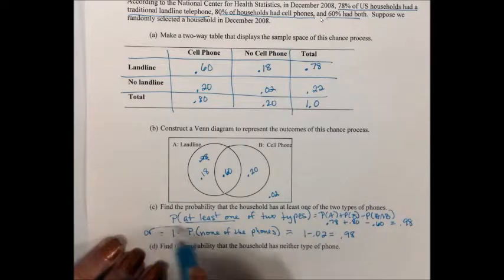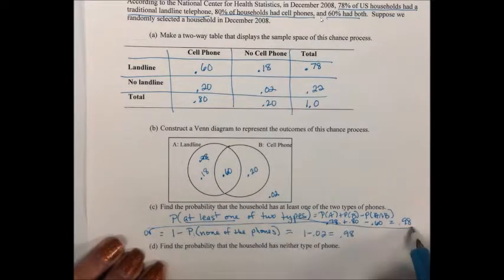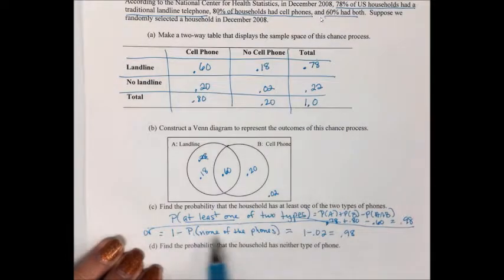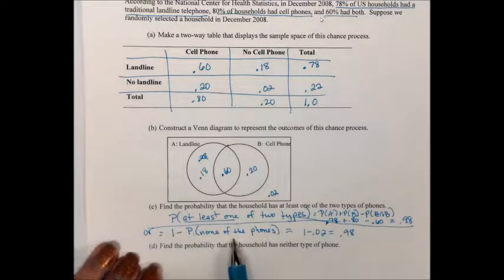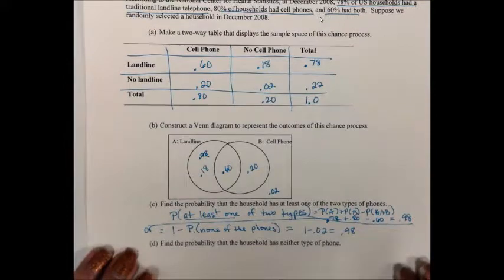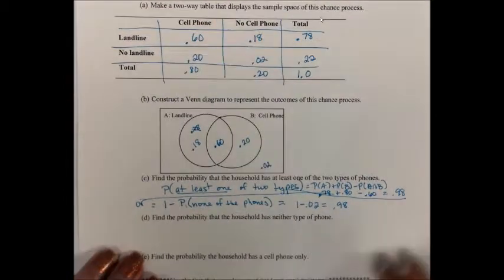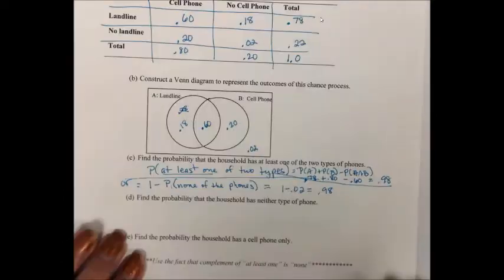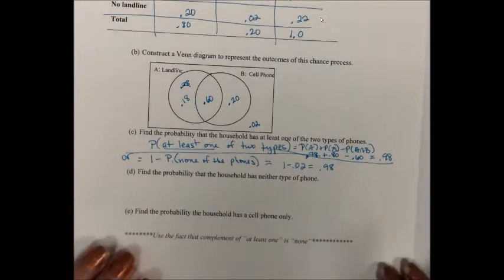So again, you can do it either way, but in the future, we're going to definitely want to do 1 minus the probability of none. So it wouldn't be a bad idea to get in the habit now, even though you don't have to. You can certainly add up 3 numbers just pretty quickly.